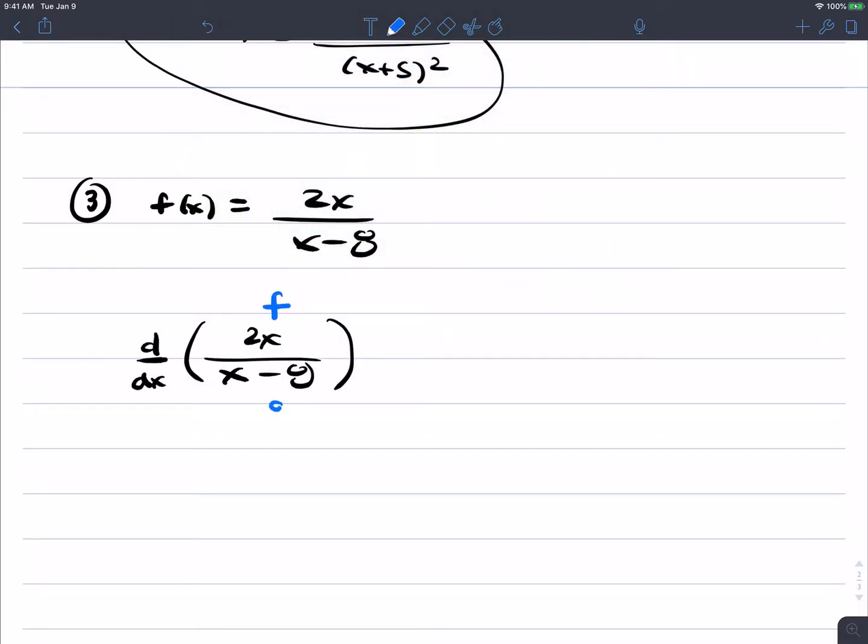Here's your f, here's your g. Remember, square g, take g, multiply it times the derivative of f, the numerator function, subtract now the function f times the derivative of the denominator function g.